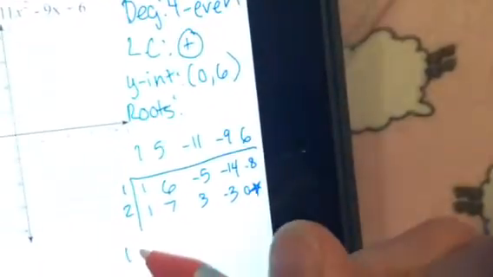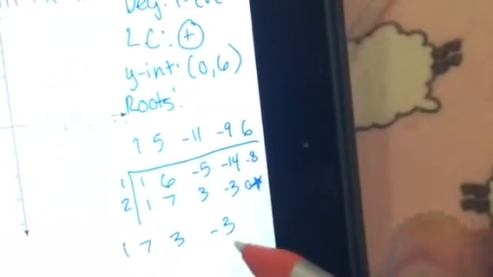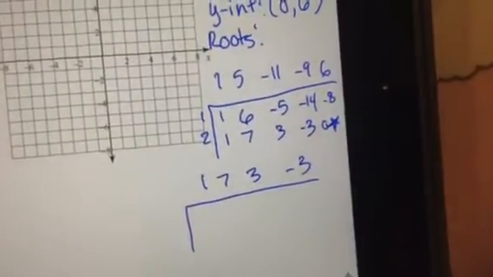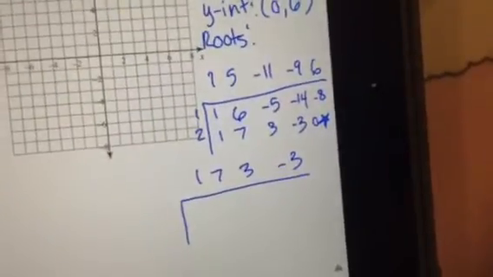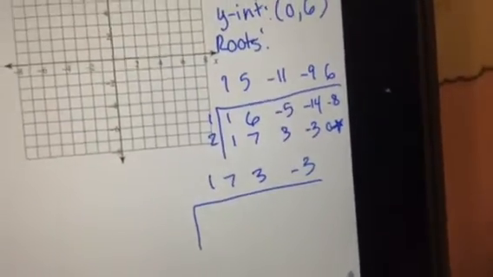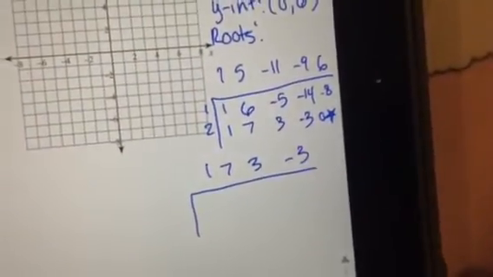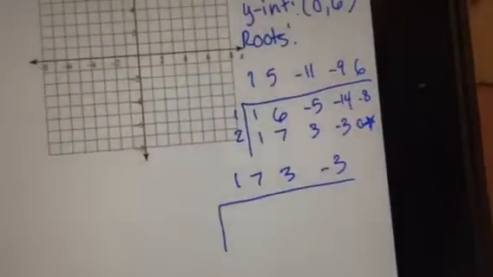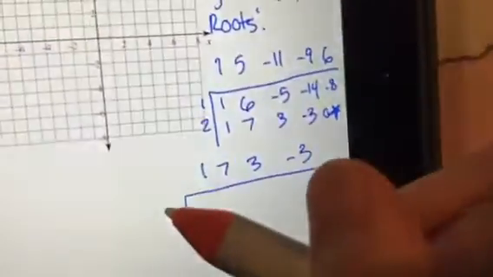Now, remember you want to use these new coefficients, the 1, 7, 3, and -3, when you do synthetic division the next time. Also remember that if 1 didn't work the first time, it's not going to work the second time. If 2 worked the first time, it could work a second time, so I could start my testing with that.